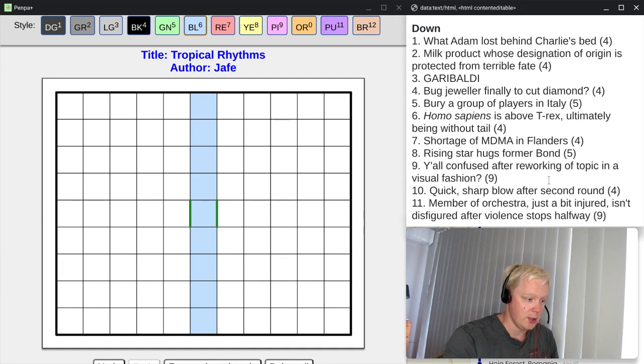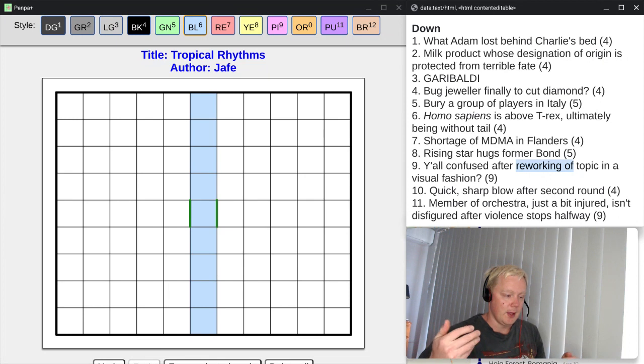We have two more down clues of size 9 to look at. Here's one. You're confused after reworking a topic in visual fashion. Now, this should be relatively straightforward. We have the ubiquitous confused, which is always an anagram indicator, of either the previous or the following part, and then a reworking of something means basically the same thing.